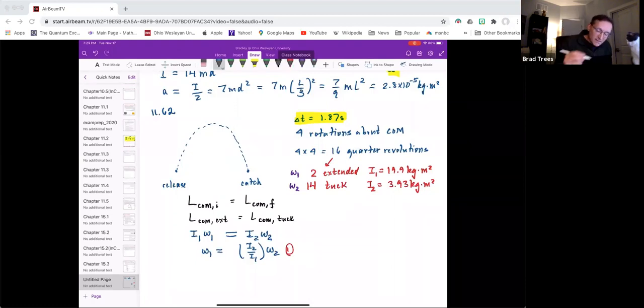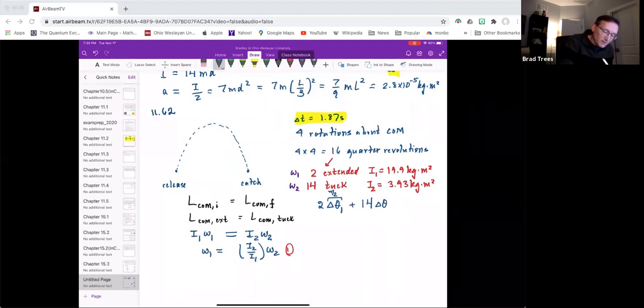So let me do it this way: 2 quarter revolutions, each one of those is a quarter revolution, that's pi over 2, in the extended orientation, plus 14 quarter revolutions in the tuck.